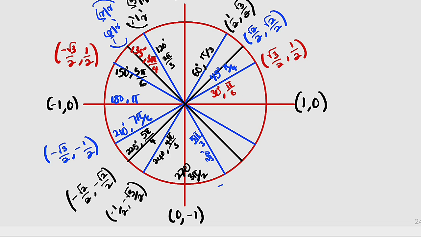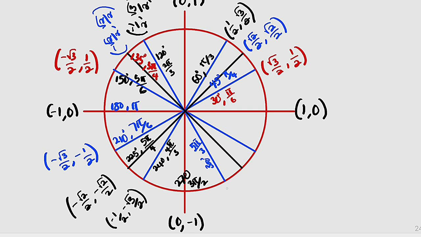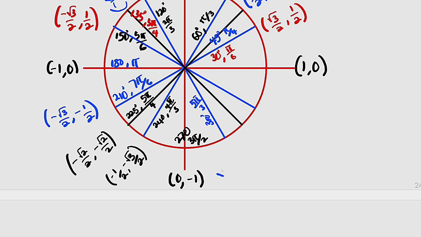Because x is positive at that point. So it will be positive as well, 1 over 2. But for y, it must be negative because the y-axis at that point is negative. So it will be negative root 3 divided by 2. So let me write it like this: 1 over 2, comma, negative root 3 over 2.